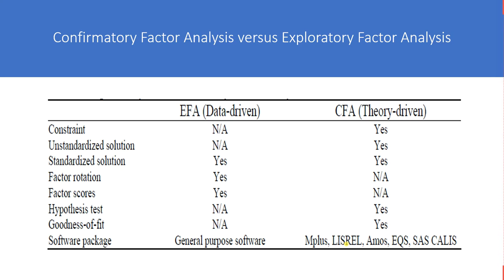For example, we fix the path coefficients to 1 for each of the marker variable of a given latent variable. But such paths are not fixed to 1 in exploratory factor analysis in general.